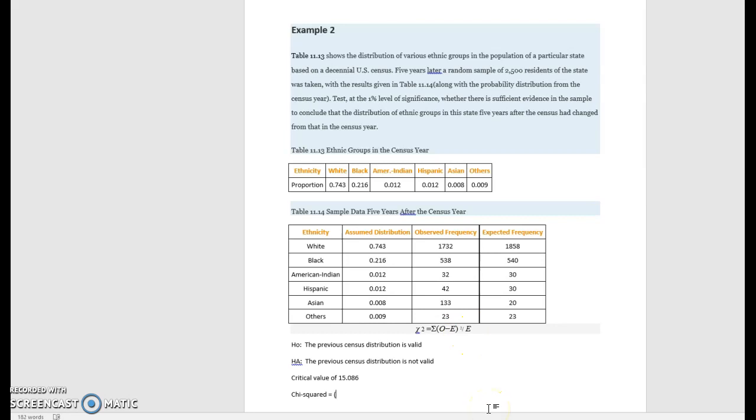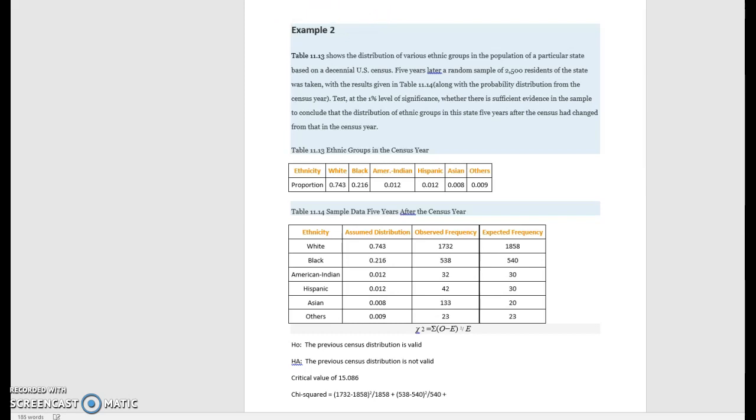So using our first row, we're going to have this value squared, and then divided by the expected value, 1858. And then if we go on to our next row, we're going to have 538 minus 540 squared divided by our expected value, 540.